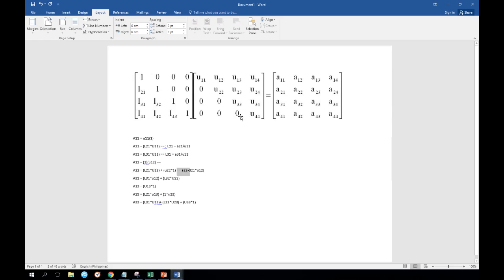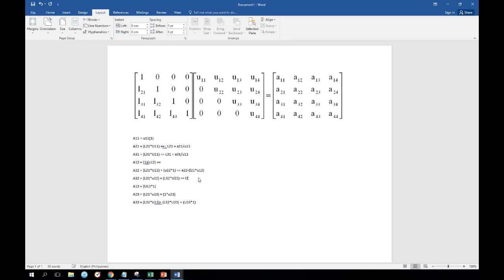Next we have to find L32, which is this one. To find L32, we just have to transpose this term and then divide by U22 so we can isolate L32.